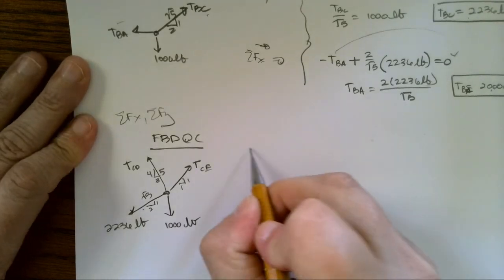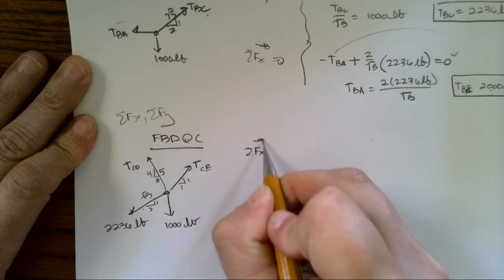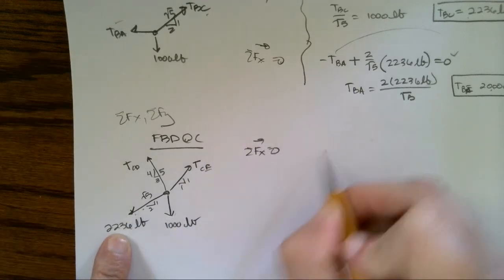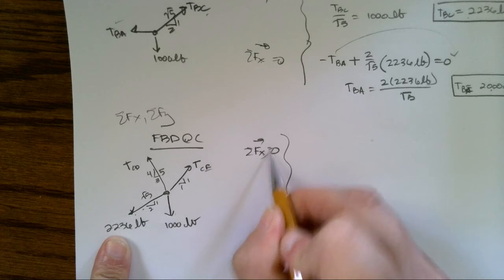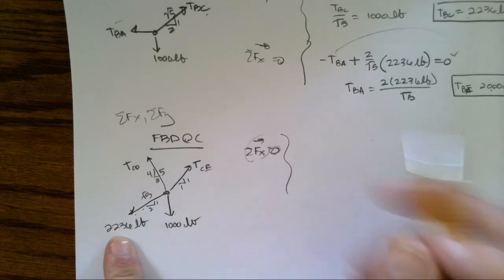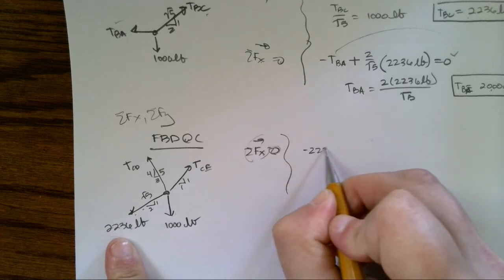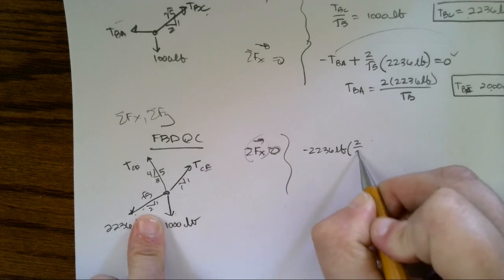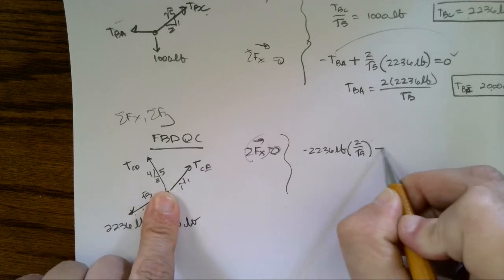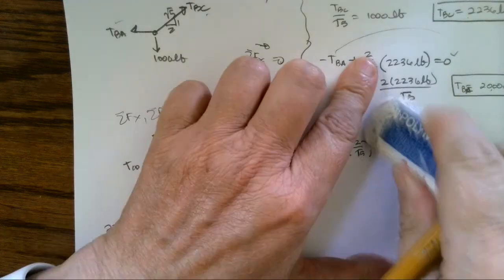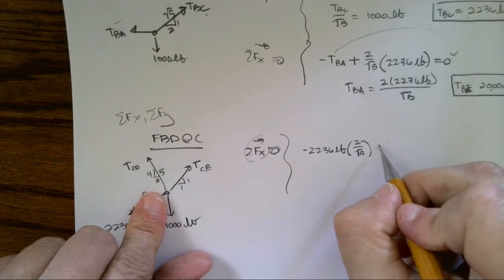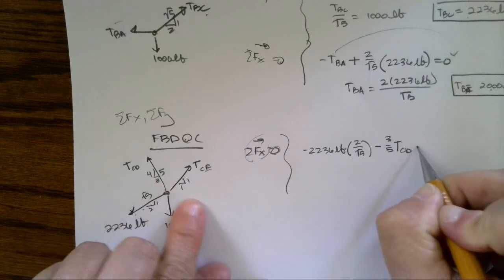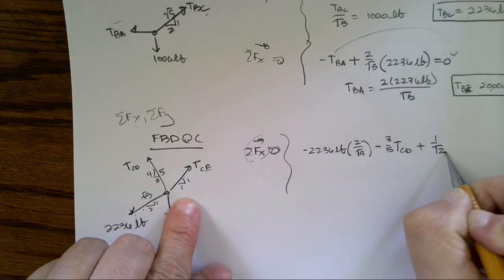So let's just start with summing forces X equals 0. And I'm going to come around. So I get, remember here's my rule, equilibrium in statics. So I have negative 2236 pounds times 2 over square root of 5 minus 3/5 TCD plus 1 over square root of 2 TCE.